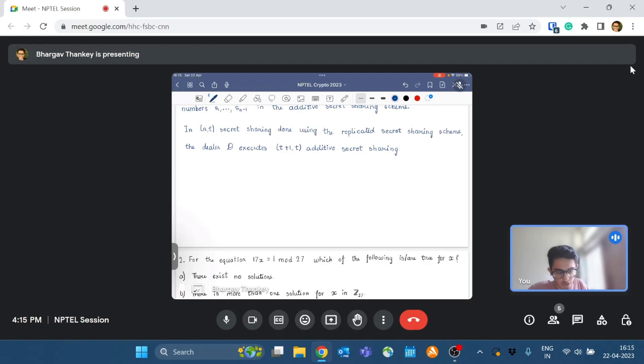So in (n, t) secret sharing done using the replicated secret sharing scheme, the dealer D executes (t+1, t) additive secret sharing with every subset of parties P1 to Pn of size t+1.